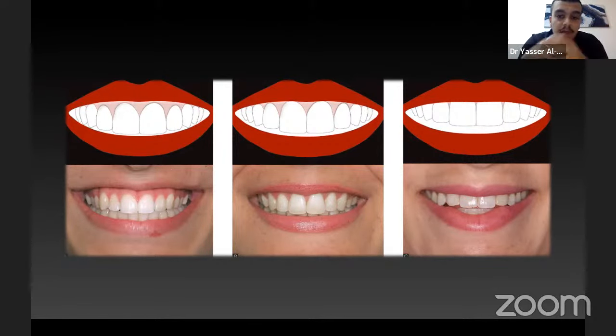The cusps of the molars and premolars are taller than the cusp of the canine and the incisal edge, and this will make an ugly appearance of the teeth.